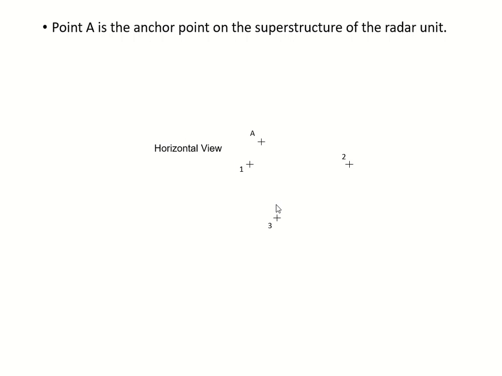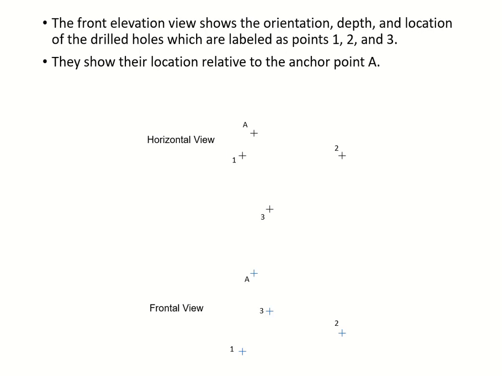Then there's point A, the support column. Point A is your anchor point on the superstructure of your radar unit that you're putting up on that deck. So here is your horizontal view, and then we're going to have a point A as a support anchor. Then from the top view, we get our front view.